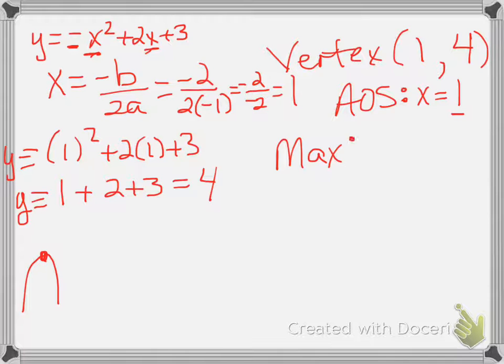So my maximum is at my y value. Okay, so my maximum is at 4. Okay, so what would that make my minimum? Well, because it's opening down, that means I'm not going to have a minimum, so I have the empty set.